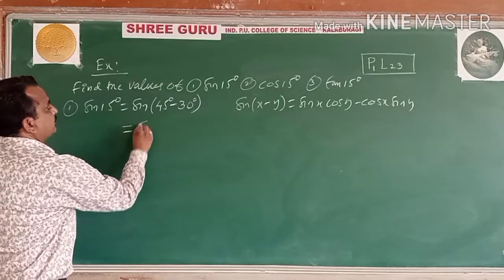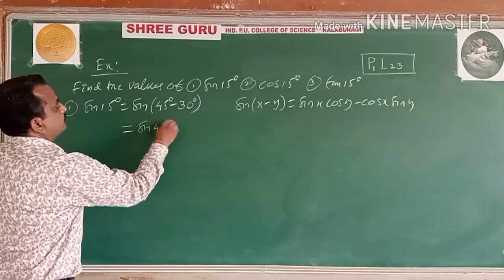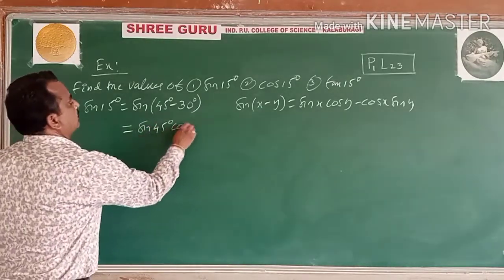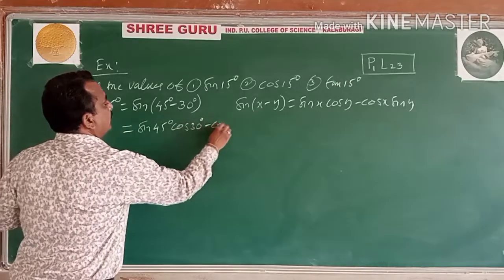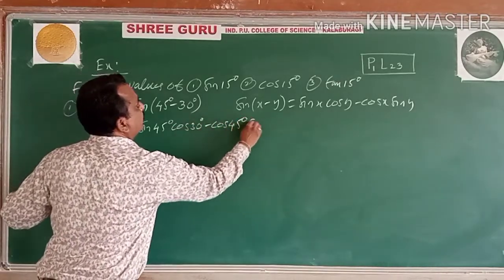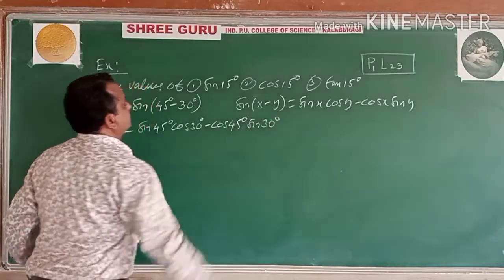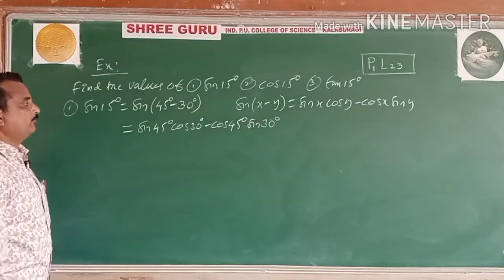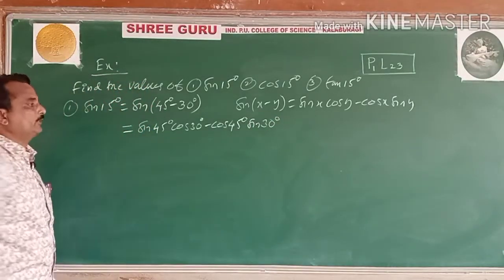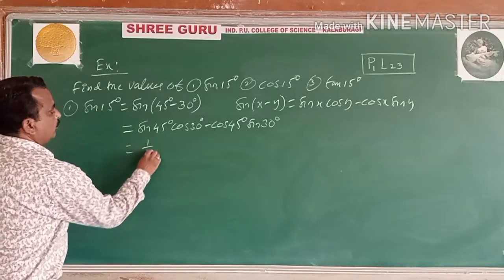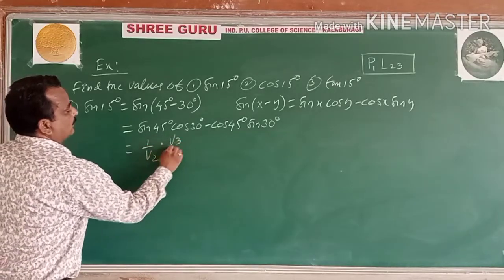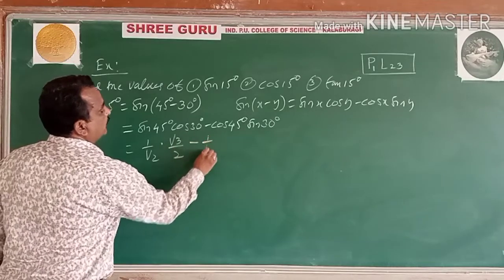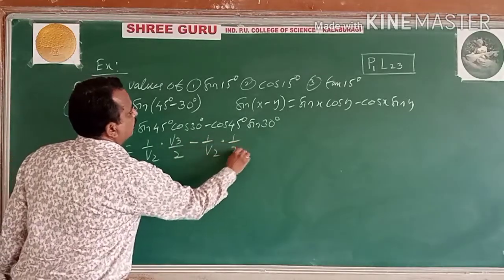Then see, this is sin 45 cos 30 minus cos 45 sin 30. Substitute their values. Sin 45 is 1 by root 2, cos 30 root 3 by 2, cos 45 1 by root 2, sin 30 1 by 2.